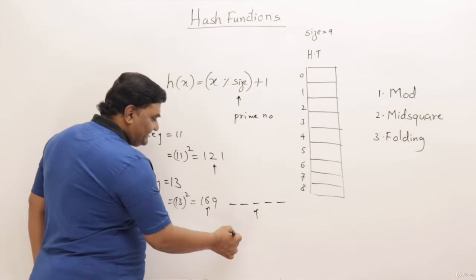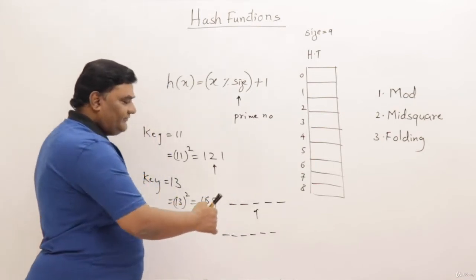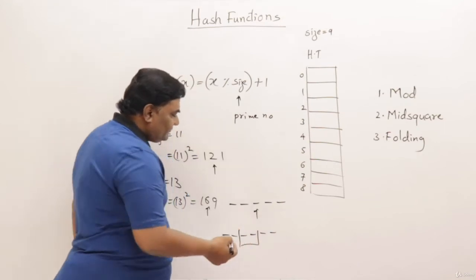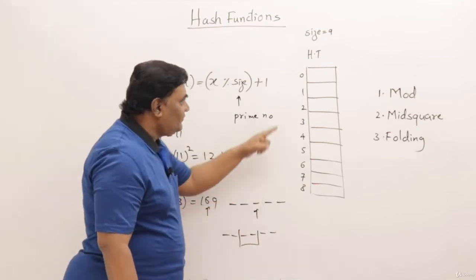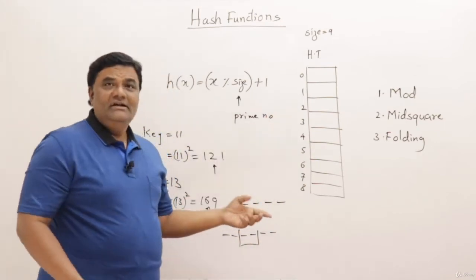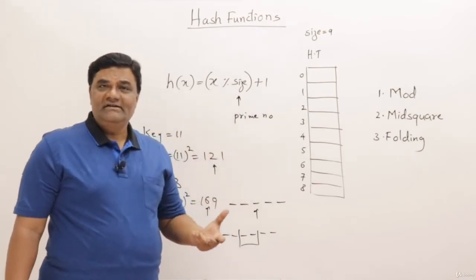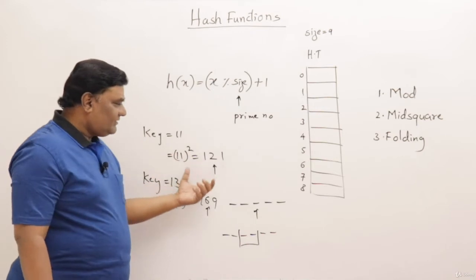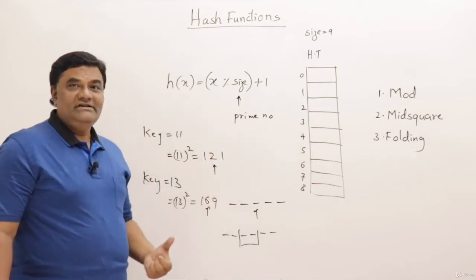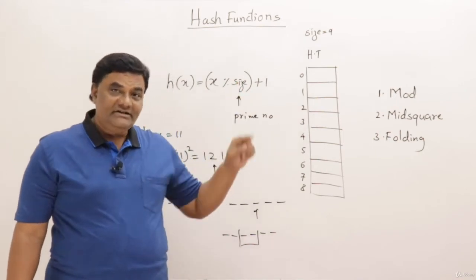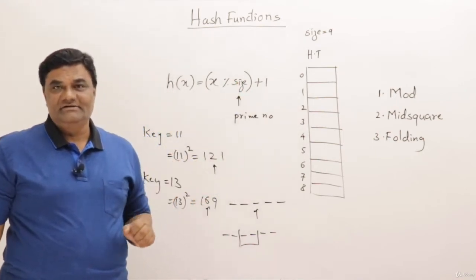Or if you have 6 digits after performing the square, then we can take the middle 2 digits also. Suppose these middle 2 digits are not within the hash table, then you can perform mod on that. So mod is always there. Even after taking the middle of the square of a key, you can still perform mod so that you get a position within the size of the hash table.